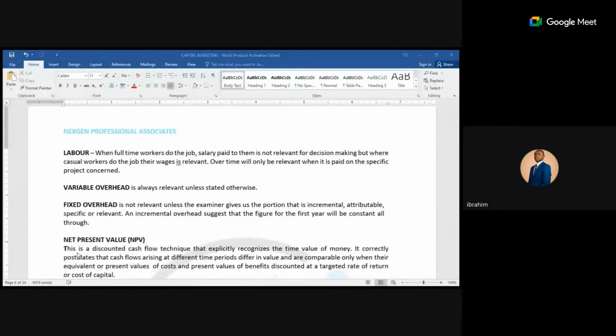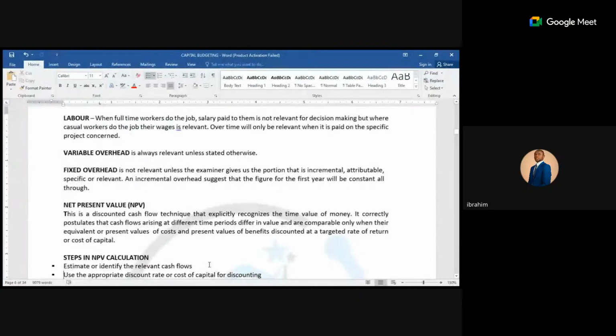Attributable, specific, or relevant. Anything that has to do with apportionment or allocation of fixed overhead without incremental is not a relevant cost. It is only an incremental overhead that is relevant.